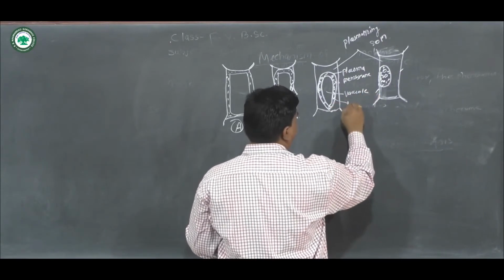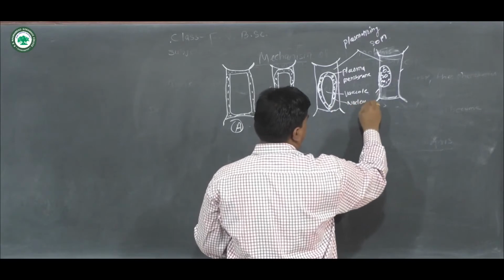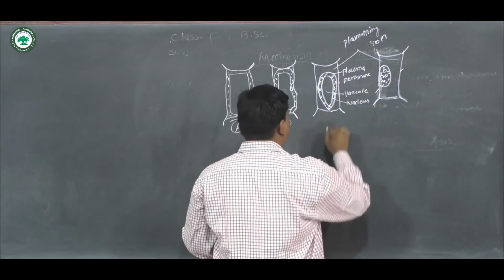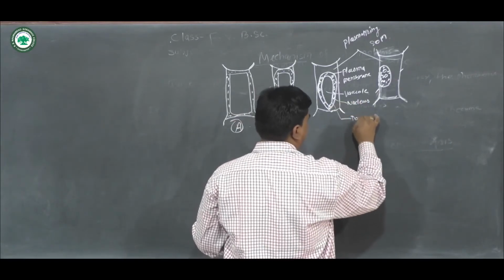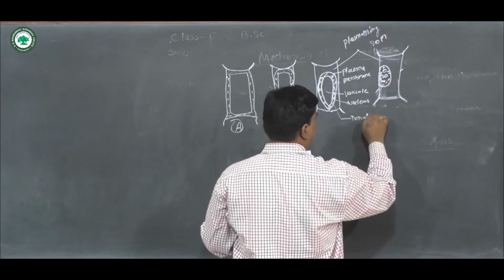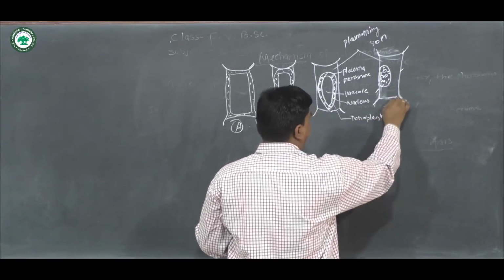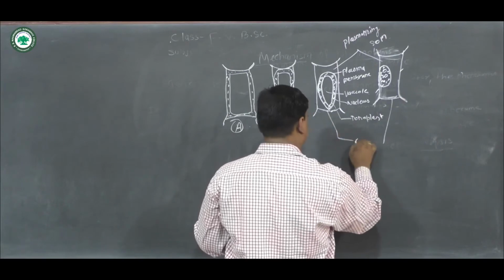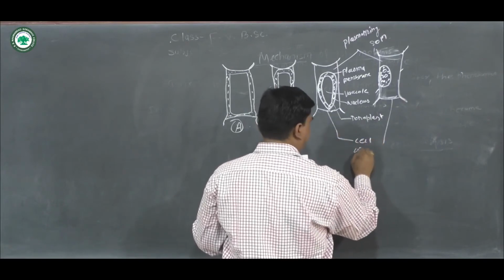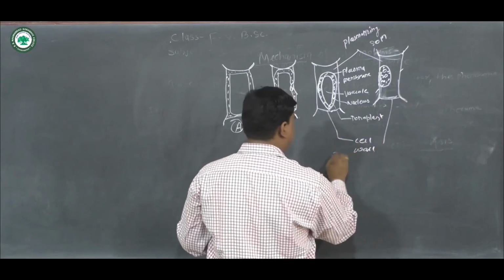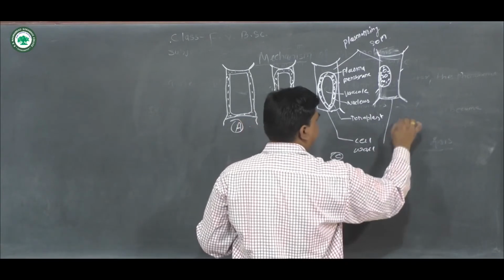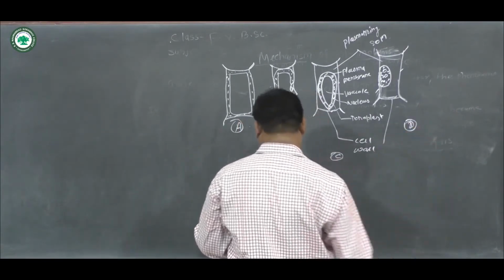Then this one is the nucleus. This is the tonoplast, and what is this? This is the cell wall. This is figure C and this figure D.